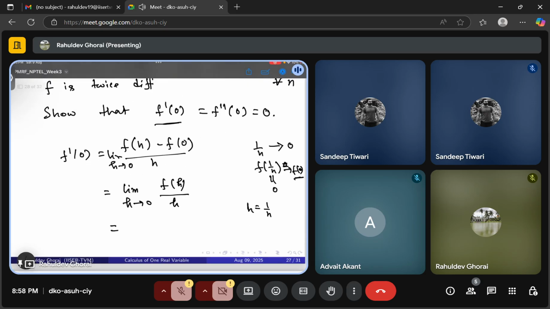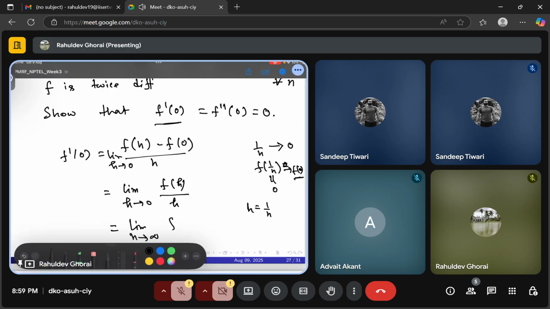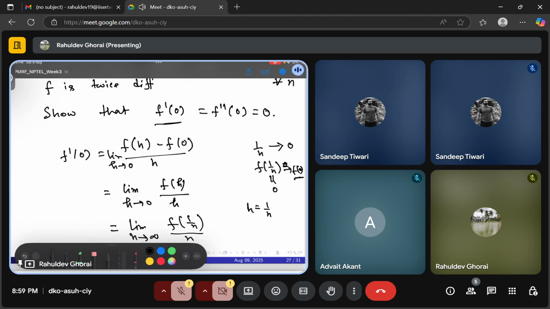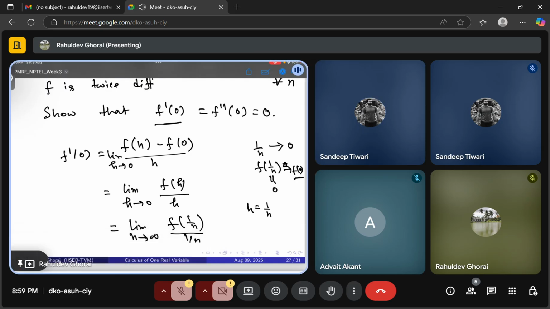Yeah, that is okay, right? That you can do. Instead of h tends to 0, you take the limit as n tends to infinity of f(1/n) over 1/n. It is 0, because f(1/n) is already 0. So I think that is correct.